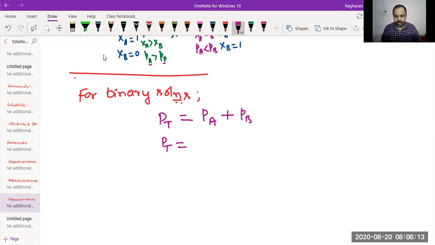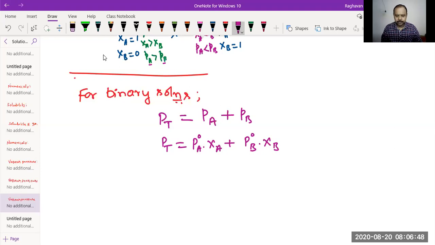Based on that, we have given the equation: PT is equal to P naught A into XA plus P naught B into XB, correct? If in the problem they give P naught A, XA, P naught B, XB, you can calculate P total of the liquid-in-liquid solution, right? If any one component's mole fraction is given, either A or B, and they ask you to calculate PT, then we'll use this expression.